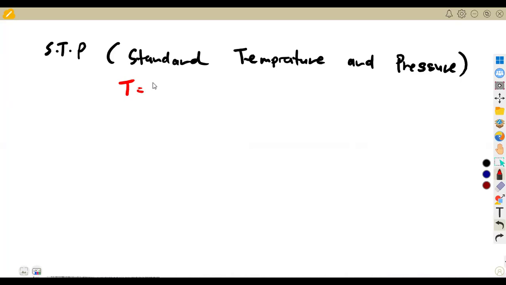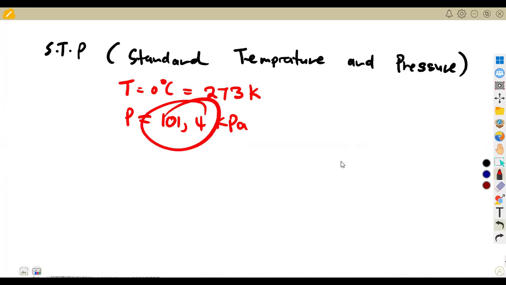Remember that 0 degrees Celsius simply means 273 Kelvin, since it is the temperature in degrees plus 273. At that condition, pressure is approximated to 101.4 kilopascal, depending on the textbook or source that you are using.